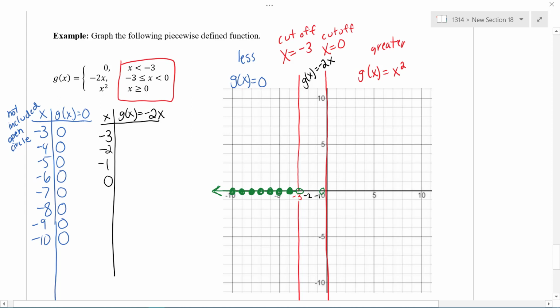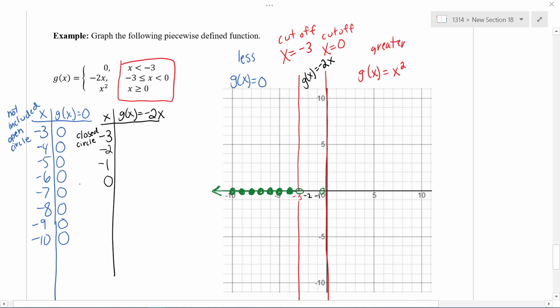Now, is -3 included for that equation? Yes, it is. It's included, so I'm going to use a closed circle for -3. Okay, so for each of those cutoff x values that you include in the table, you want to make sure that you indicate whether it's a closed circle or an open circle. Is 0 included? I do not see a line underneath that inequality symbol next to 0 and x.